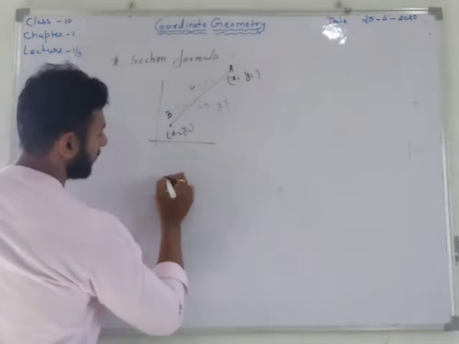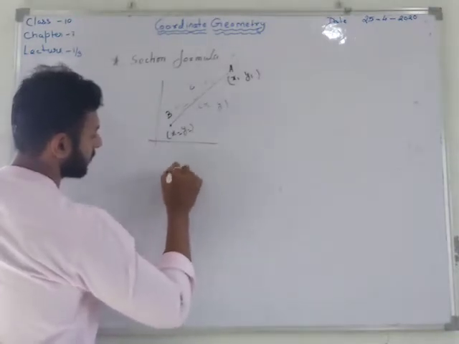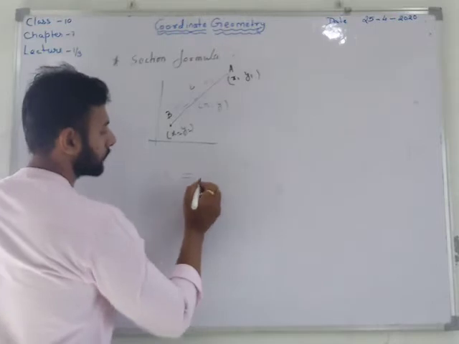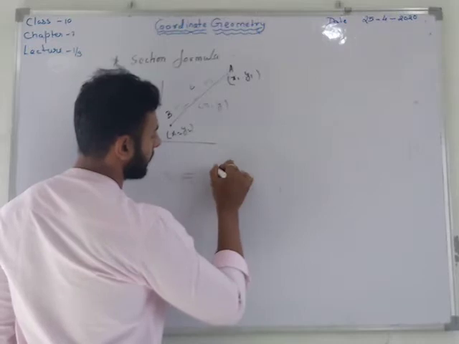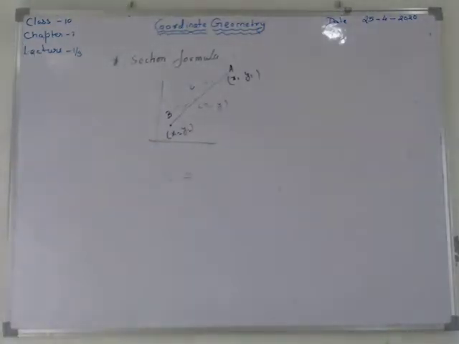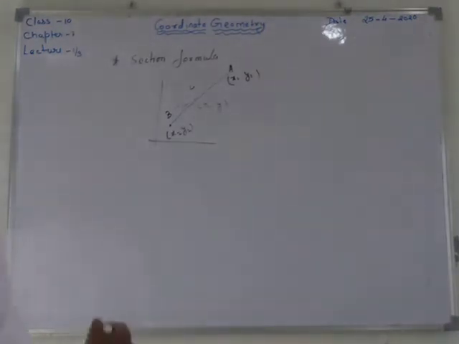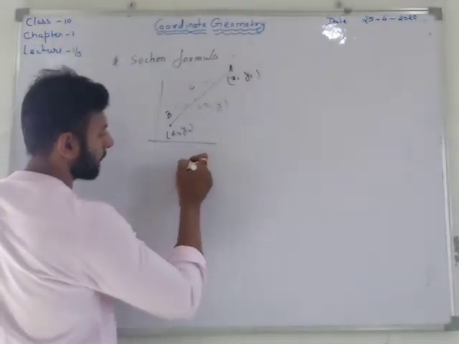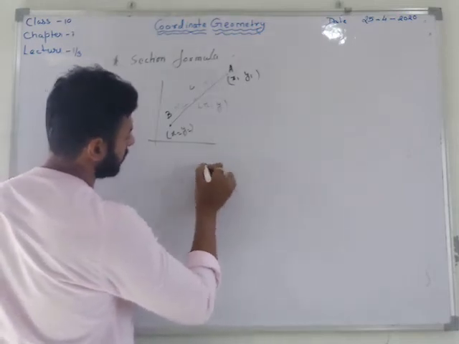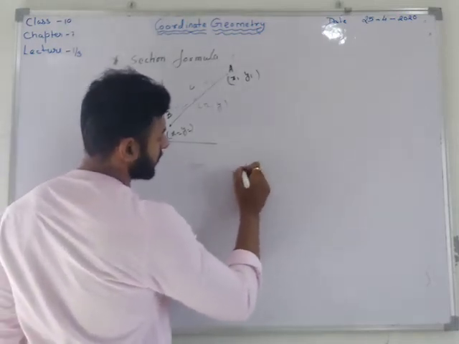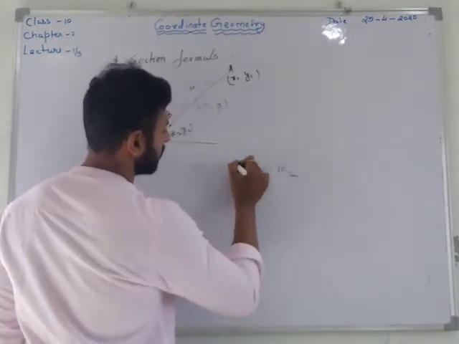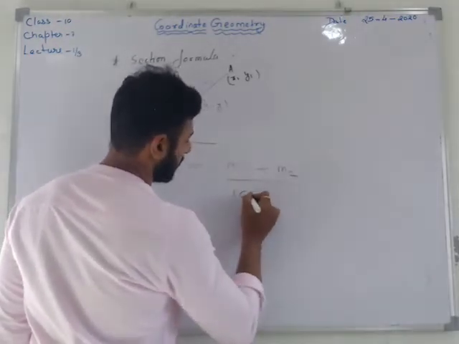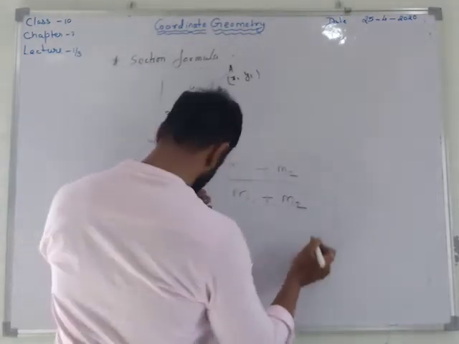So the coordinates will be: x is equal to, first you have to write m1 x2 plus m2 x1 upon m1 plus m2.